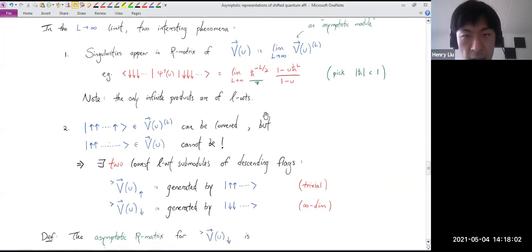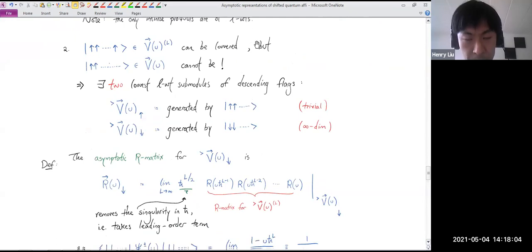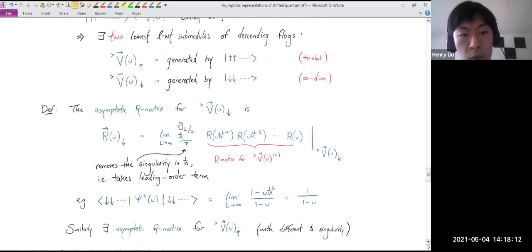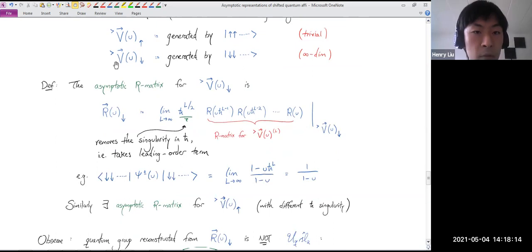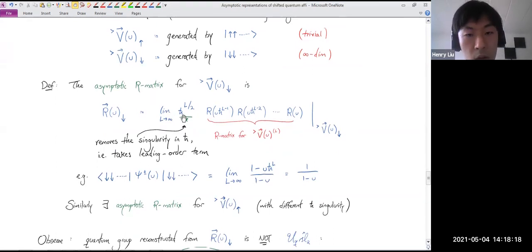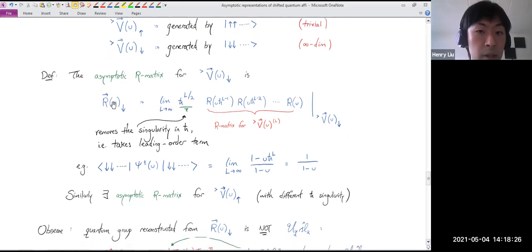And actually that is the leading order term for this module V down arrow. And so if you want the R matrix for this asymptotic module V down arrow, we'll just cancel out that singularity and take the leading order term. And the leading order term is still some R matrix.